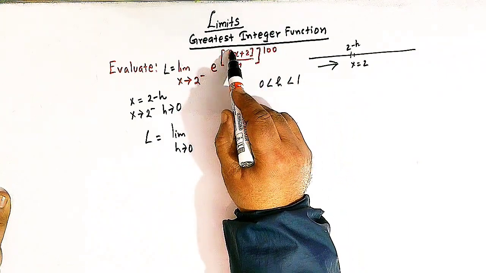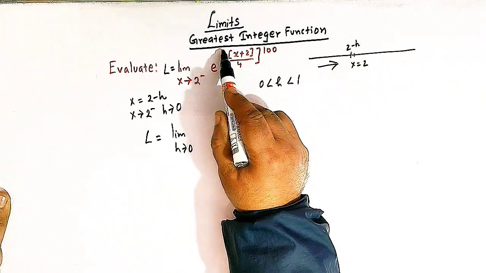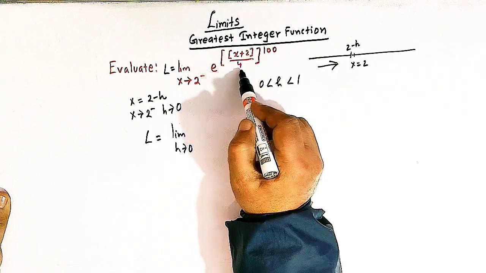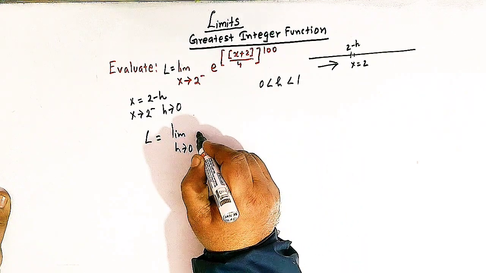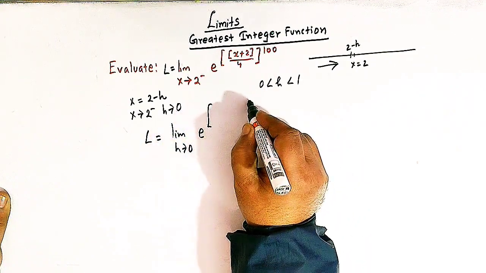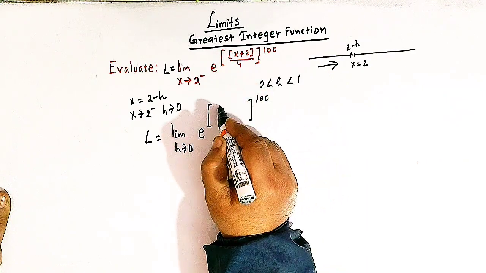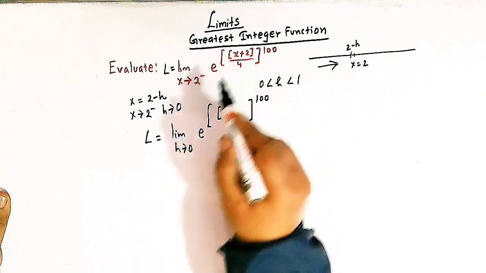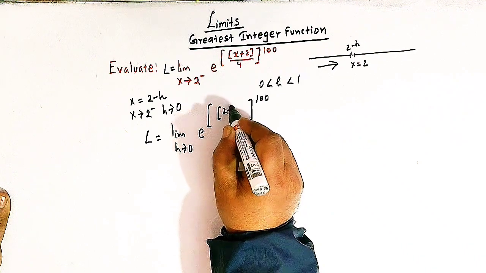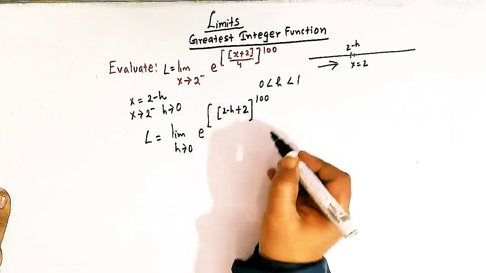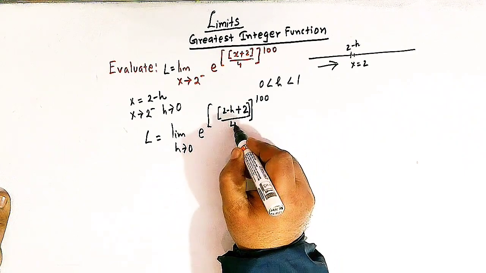First we have the greatest integer of (x plus 2), then the greatest integer of this entire term, and then the exponent 100. So we have e raised to the greatest integer function raised to 100, and then the greatest integer of (x plus 2) over 4. Here x can be taken as 2 minus h, so we have 2 minus h plus 2, and then 4.